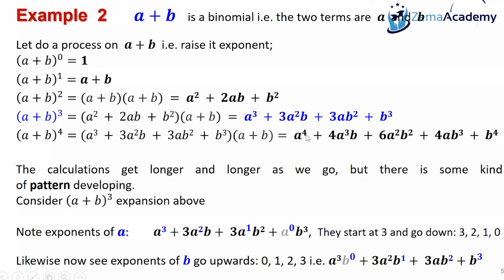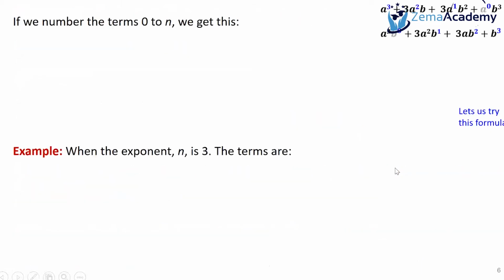So a to the power 4, a cube, a square, a to the power 0. Whereas b is b to the power 0, b to the power 1, b square, b cube, and b to the power 4. I hope this increasing of the power of the second term and decreasing of the power of the first term is clear, because next I have used the same example.